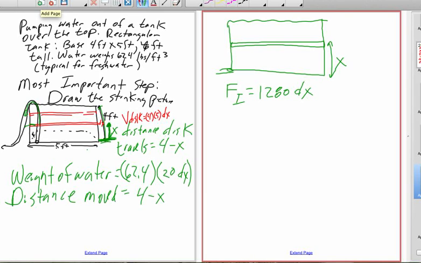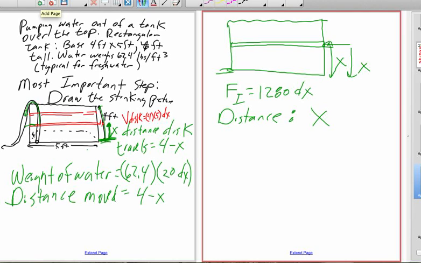Now the distance this disk is going to move is going to be x. So not only that, it makes our math a lot easier.